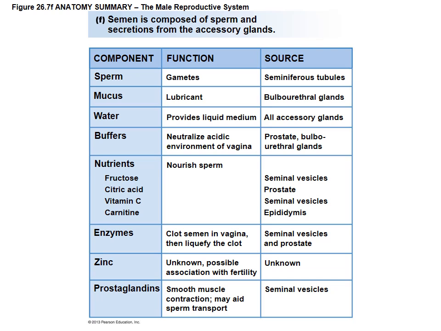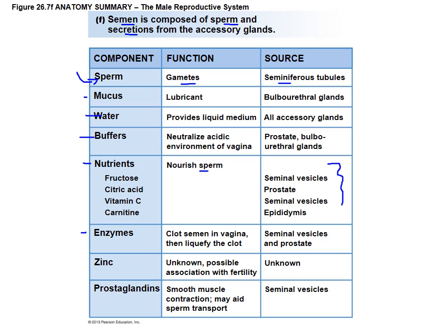This table summarizes all of the different components of semen. We know that semen is composed of the sperm and all of the different secretions, but this is further subdivided. Sperm comes from the gametes, which are produced within the seminiferous tubules, but there are also other components including mucus, water, various buffers, and nutrients which nourish the sperm, and come from the seminal vesicles, the prostate, and the epididymis.